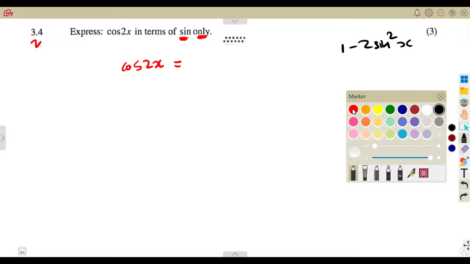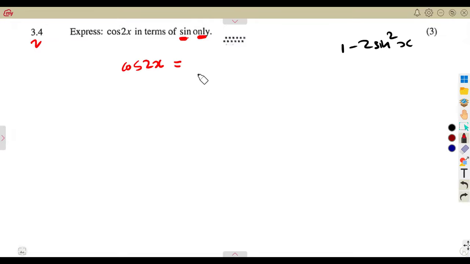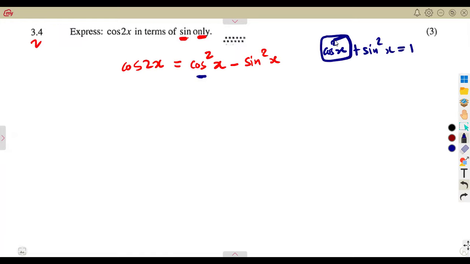From the normal identity, cos 2x is equivalent to cos squared x minus sine squared x. But for this cos squared x, from our Pythagorean identities, cos squared x plus sine squared x is equivalent to 1, where we can make cos squared the subject because it's the one we need here.